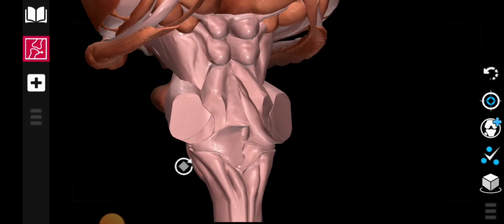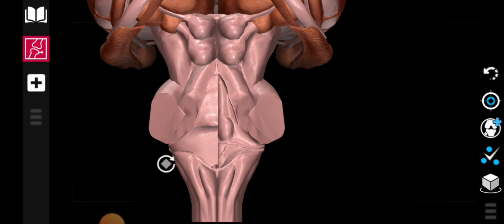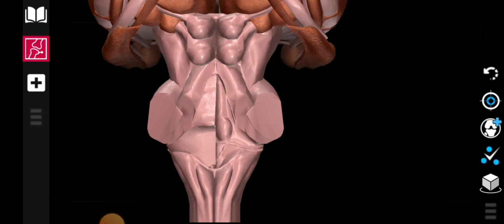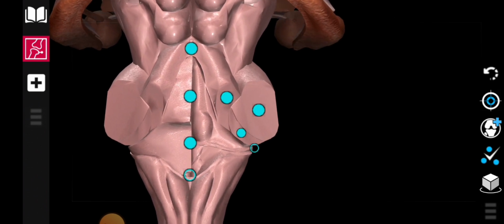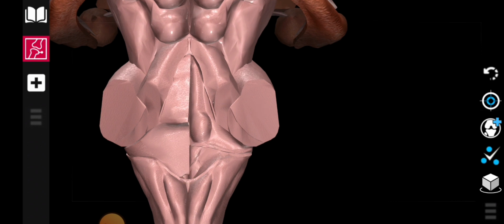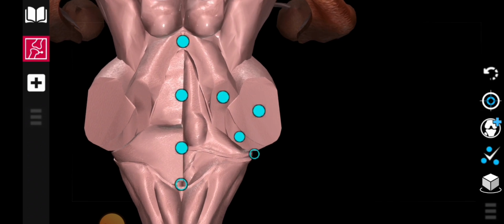If I turn it posteriorly, now you can see the structures marked on the posterior aspect of the pons, right? Let me make it clear that this posterior aspect, from where the cerebellum is removed, is now forming the floor of the fourth ventricle.